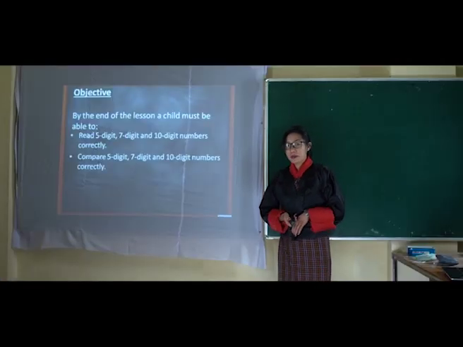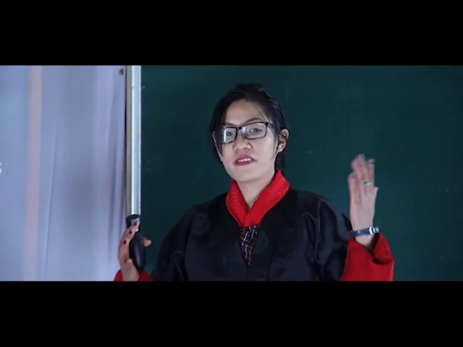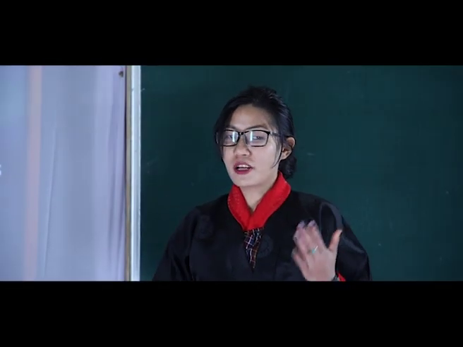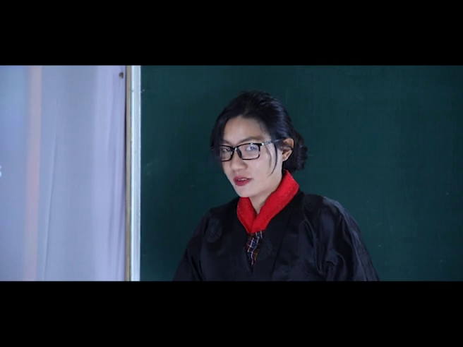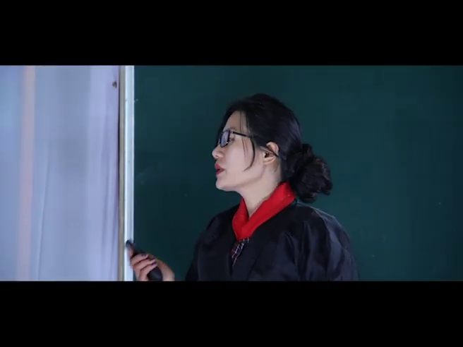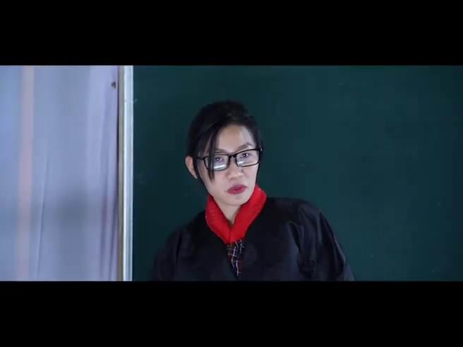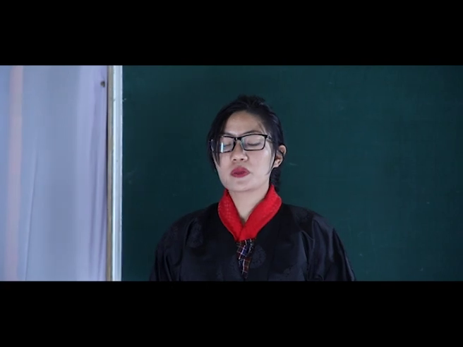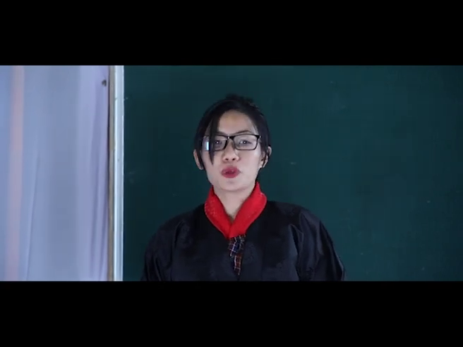Then you must be able to compare 5-digit numbers, 7-digit numbers and 10-digit numbers correctly. You must also be able to order 5-digit numbers correctly from least to greatest and vice versa. Finally, you must be able to add and subtract 5-digit numbers, which I am pretty sure you would be able to.